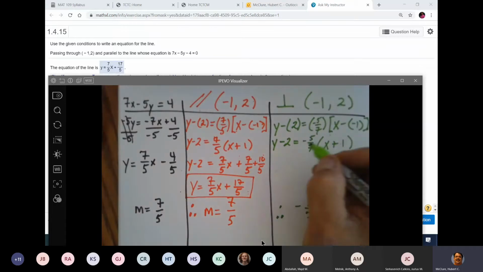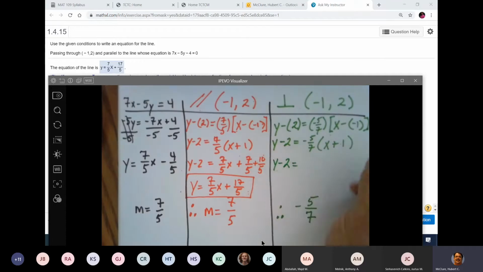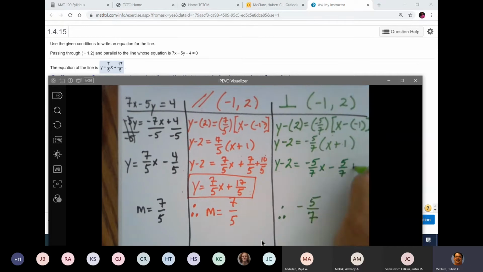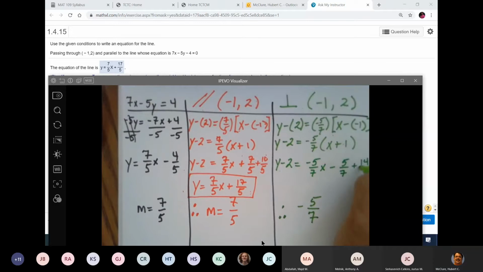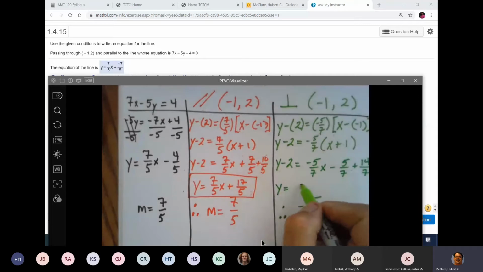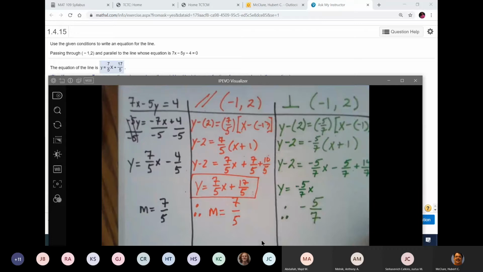So y minus 2 is equal to negative 5/7 x minus 5/7, and then add 14/7. And your final answer is y is equal to negative 5/7 x minus 5 plus 14. I would say 9.